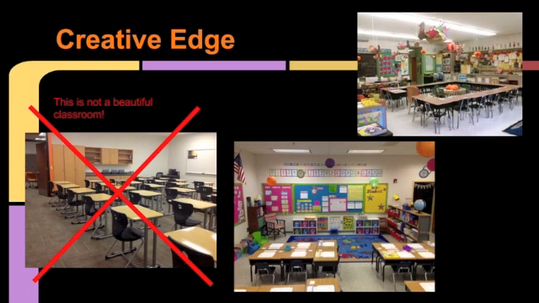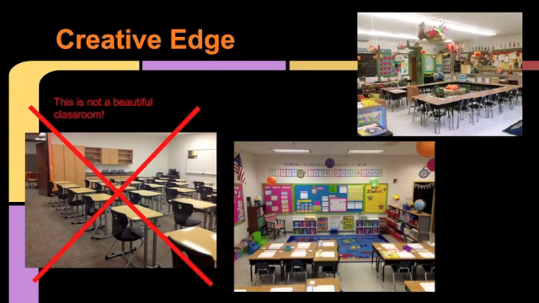You can also see that the teacher has added color to the carpet by bringing in her own carpet for the students to sit at, and she has colorful numbers above her boards, and her boards also match all the other colors in her room, along with the boxes in the cupboards below. Everything is matching, but it's adding color to her classroom, and it's more appealing to the eye.